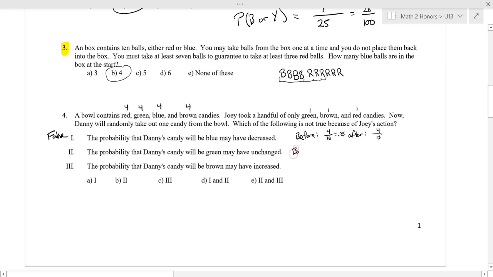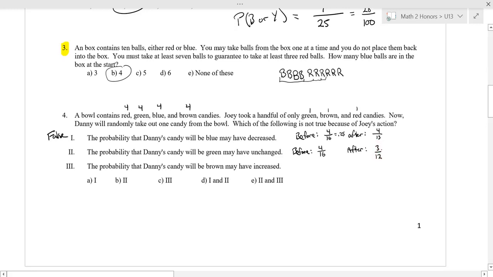Before anything happened, in our case, we have 4 green out of 16, and then after, let's see what could happen. Is it possible that we can get it unchanged? Well, we can get a fraction of 3 out of 12.